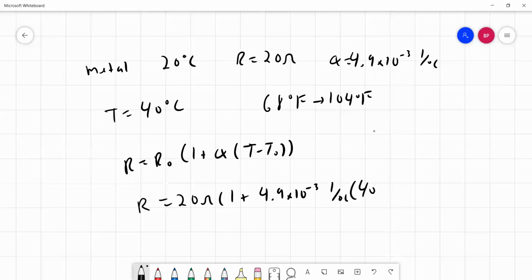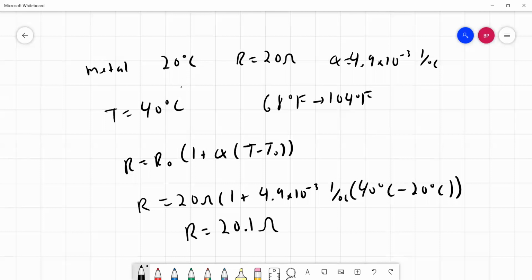So our new temperature is 40 degrees Celsius, and our reference temperature was 20 degrees Celsius. Okay, so if you work this out, the new resistance is 20.1 ohms.